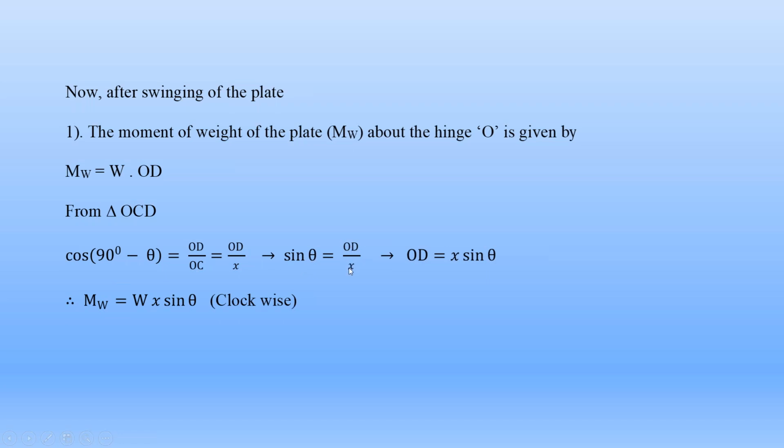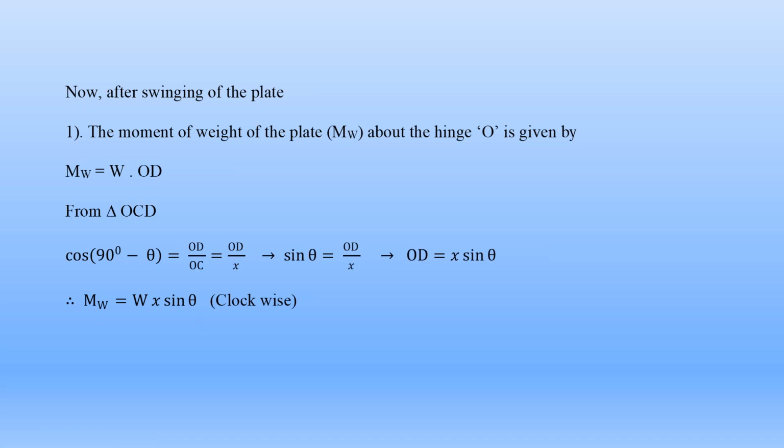So sin theta is equal to OD by X. So the length OD is equal to X sin theta. Then the moment of the weight of the plate about the hinge point O is W into OD, that is W into X sin theta. That moment is in the clockwise direction.